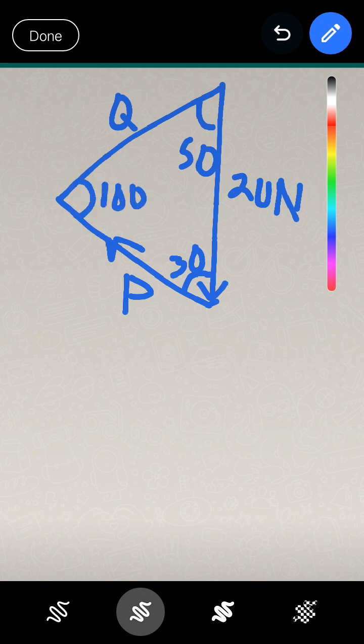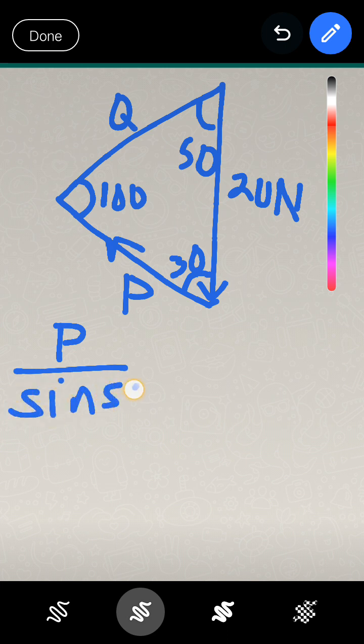If we want to calculate P, we can use the sine rule. The sine rule says that A over sine A is equal to B over sine B is equal to C over sine C. So from there we can say that P over sine of the angle facing P, which is 50, is equal to 20 Newton over sine of the angle facing 20 Newton, which is 100.